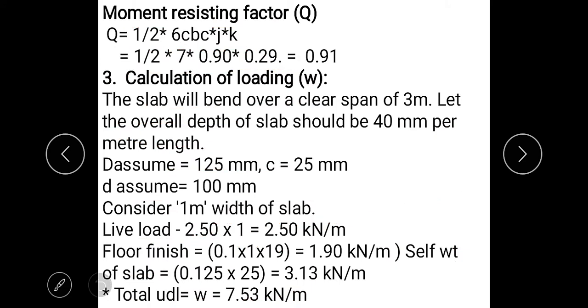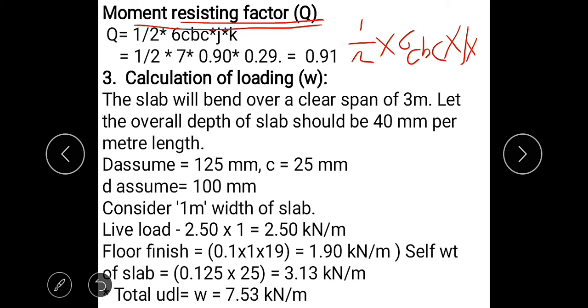The next constant is the moment resisting factor Q. The formula to calculate Q is 1 by 2 into sigma CBC into j into k.